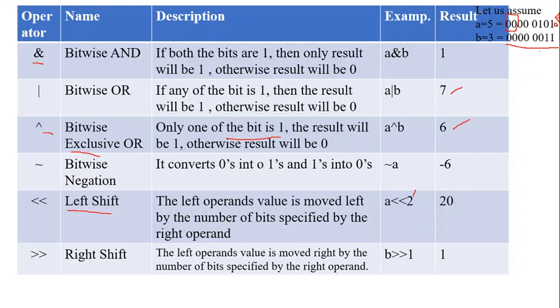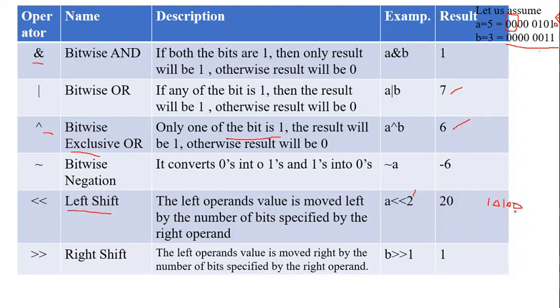What is my result? 1 0 1 0 0. The 2 more zeros are added on the right-hand side.